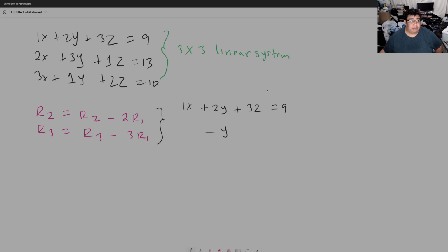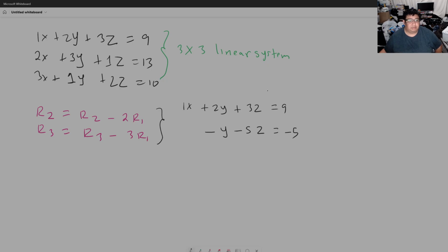And then 1 minus 2 times 3, that will be 1 minus 6z, that's negative 5z. And then 13 minus 2 times 9, that would be 13 minus 18, that would be negative 5.